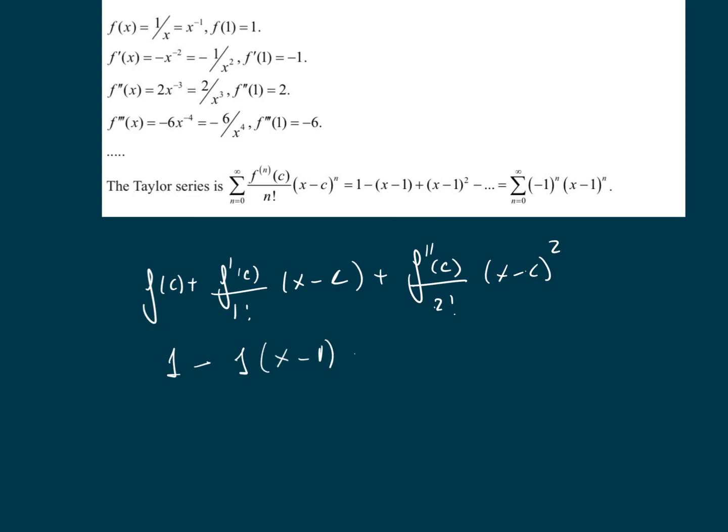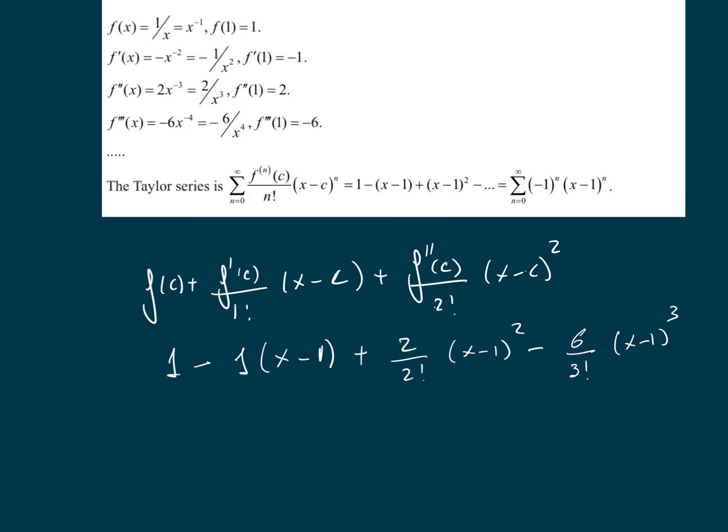x minus 1, plus f second of c, which is 2. 2 divided by 2 factorial is 1. Multiplied by x minus 1 squared. And now the following term is f third evaluated at the point 1, which is minus 6, divided by 3 factorial. 3 factorial is 6, multiplied by x minus 1 cubed.